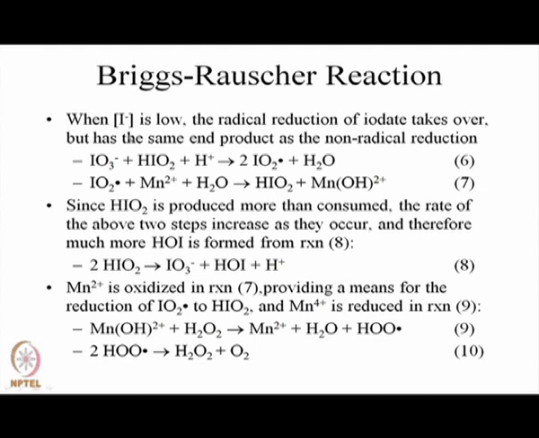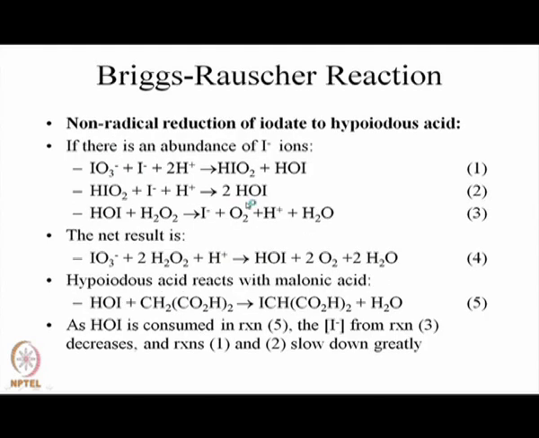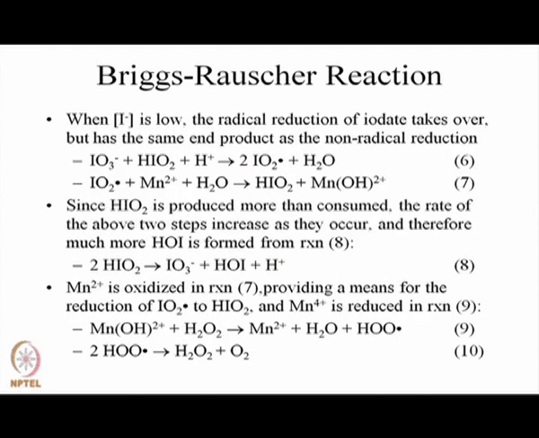So when I- is low, the radical reaction is like this: IO3- plus HIO2 plus H+, giving rise to IO2 dot plus water. Then IO2 dot plus Mn2+, giving rise to this, and since HIO2 is produced more than it is consumed, the rate of the above 2 steps increases as they occur.